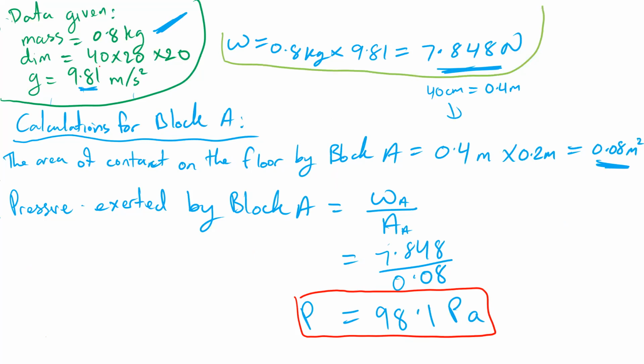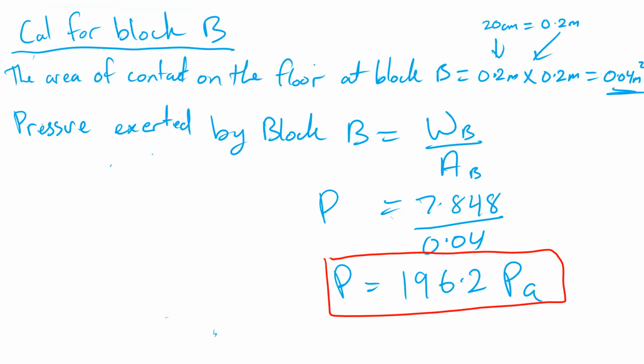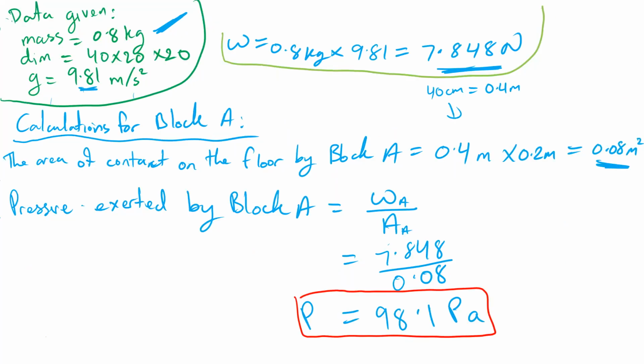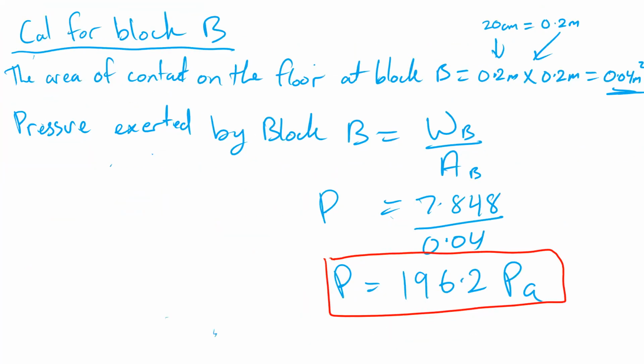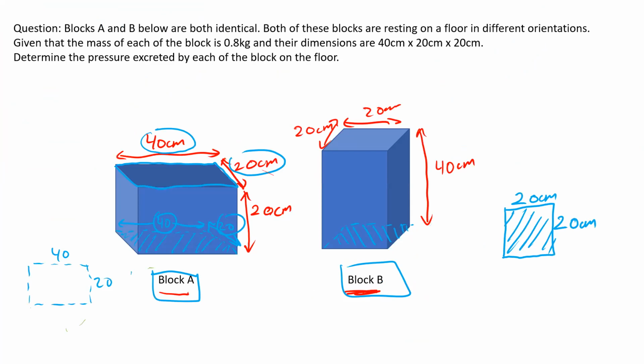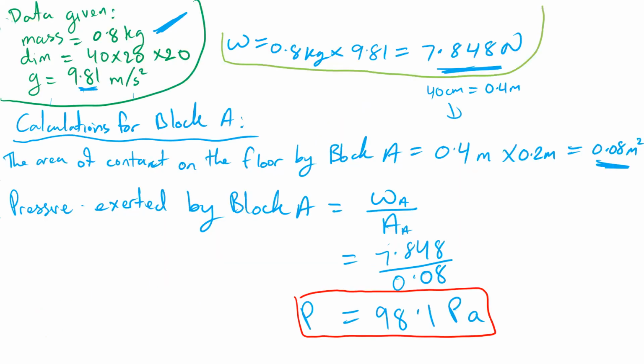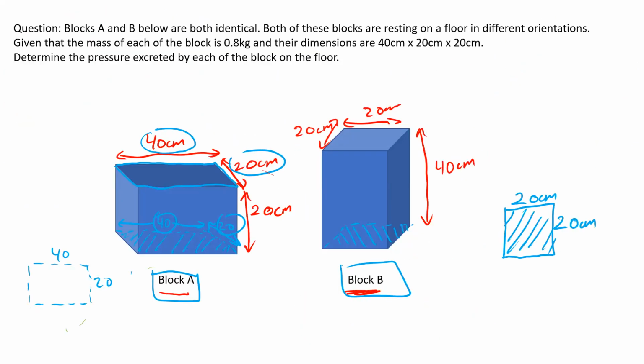Notice that the pressure exerted by block A is less than the pressure exerted by block B. The pressure exerted by block A is 98.1, and the pressure exerted by block B is 196.2 pascals. So note that even though both of these blocks have the same weight, the pressure exerted on the floor is actually different. And that's basically how you calculate the pressure exerted by a block on a floor.